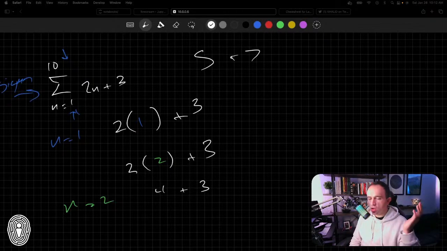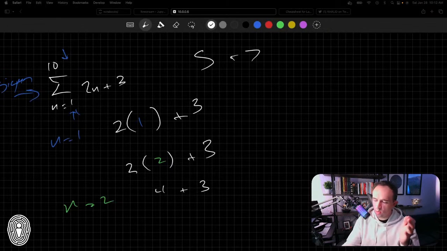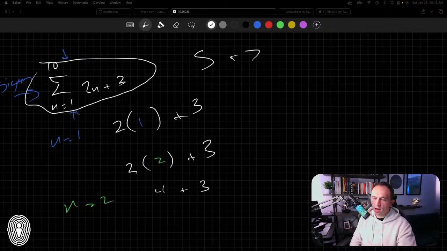Now try to imagine representing this in plain English. It's not impossible, but you would basically have a full 10-page paper to represent what I just represented here. And that's why mathematicians use this shorthand.